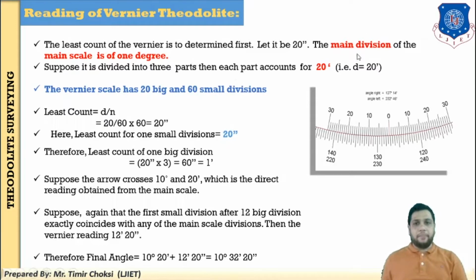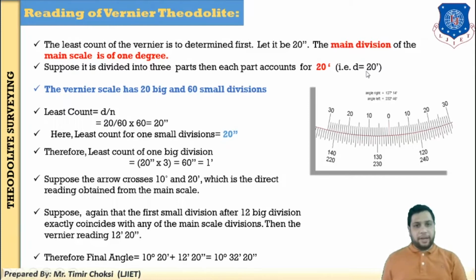The main division of the main scale is 1 degree, and suppose it is divided into 3 parts, then each part accounts for 20 minutes. So the first scale is the main scale, and its part is 1 degree, divided into 3 parts, so one part is 20 minutes.